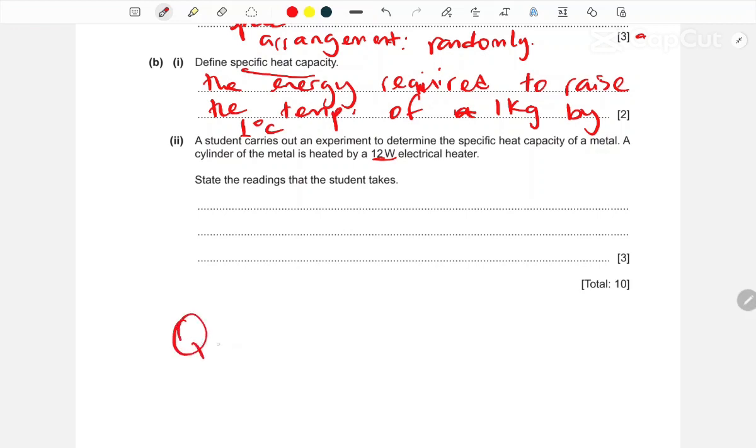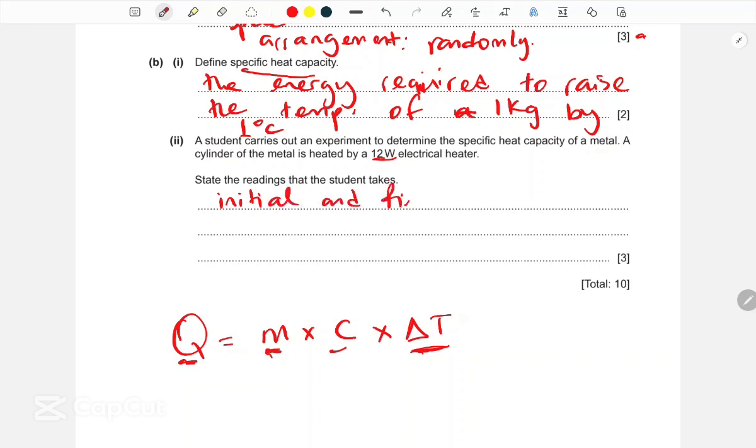So Q, representing energy, is mass times specific heat capacity, which is represented by C, times the change in temperature. So now we need these quantities to find the specific heat capacity: the energy, the mass, and the temperature. So to find the change in temperature, we need the initial and final temperature, and then we can just subtract them.